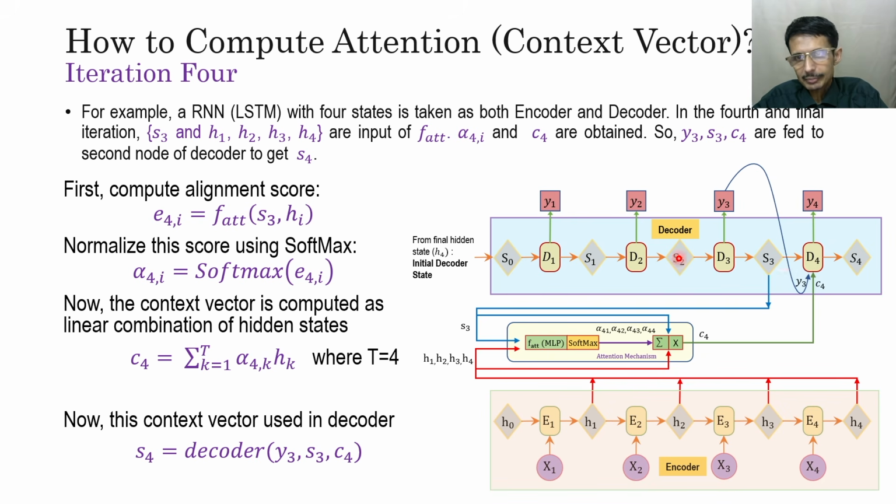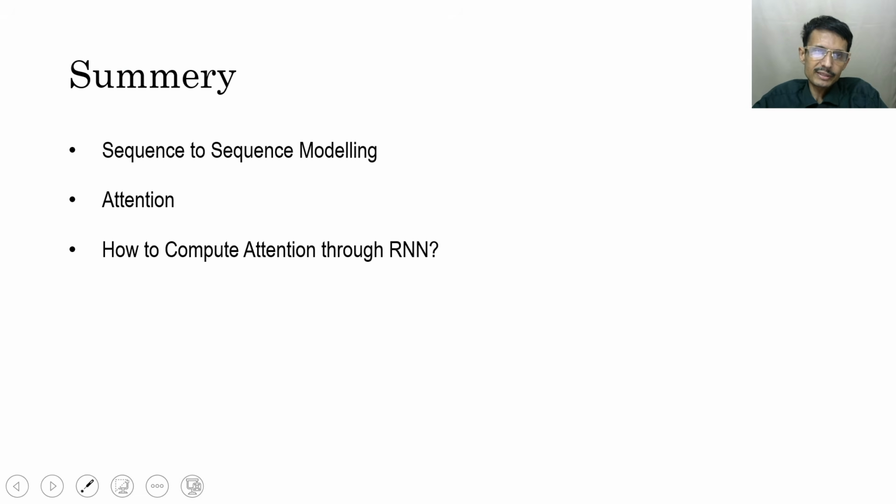So that for a particular word when predicting it, we try to model which of the words here is more important for predicting this particular word, and that is the major contribution, the major advantage, of attention-based context generation. So in summary, in this lecture we discussed sequence to sequence modeling. We particularly introduced attention, and tried to understand how to compute attention through RNN sequence to sequence modeling.